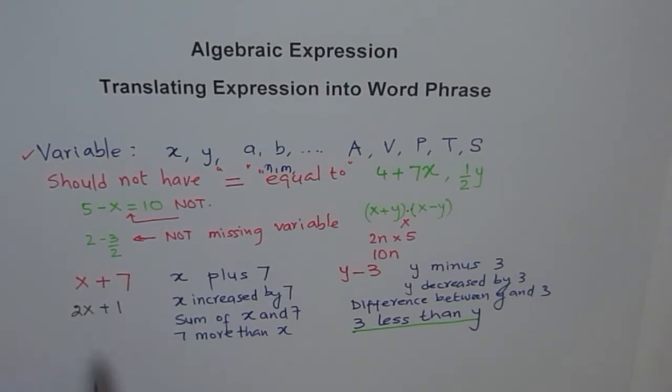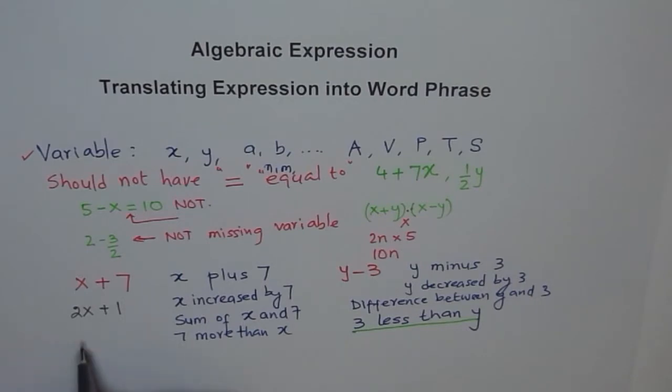Now if I write like this, what will this mean in words? We can say twice a number increased by 1. Do you see that? We can say sum of twice a number and 1. We can say 1 more than twice a number. Do you see? Twice a number plus 1. So we could replace x with 2x and say twice a number plus 1. Do you see that?